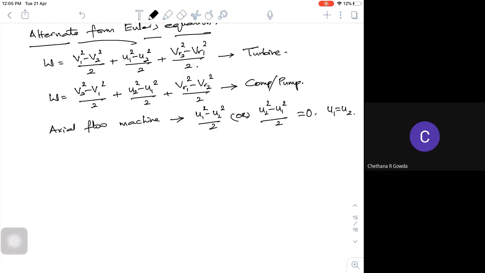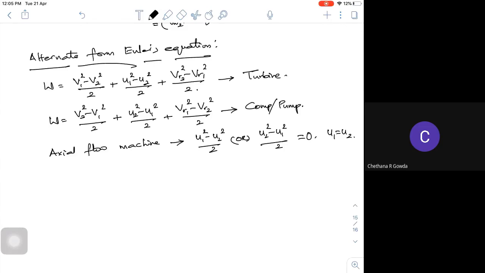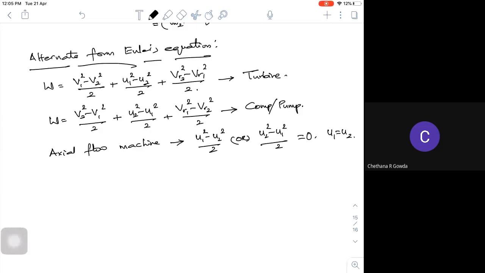So the centrifugal effect is mainly due to movement of the fluid from one radius to the other. What is the third one? That is once again the change in kinetic energy or dynamic head, which is based only on the relative velocity. So you have dynamic head based on absolute velocity and dynamic head based on relative velocity.